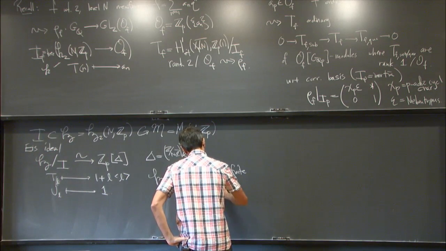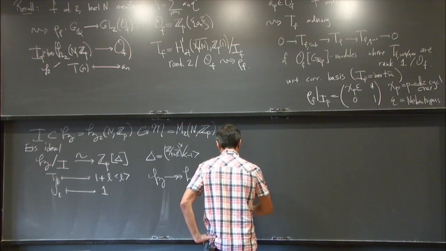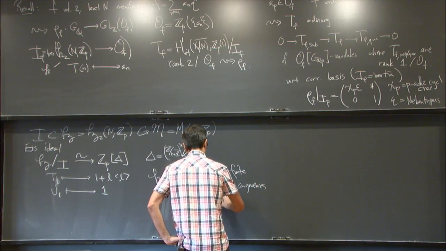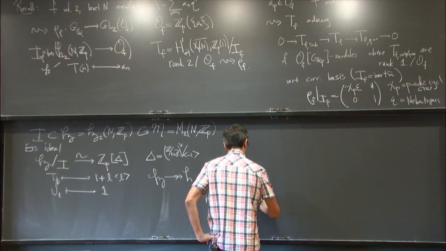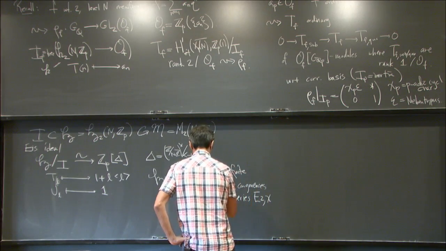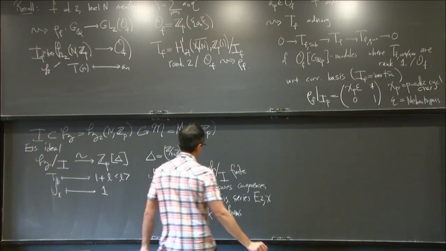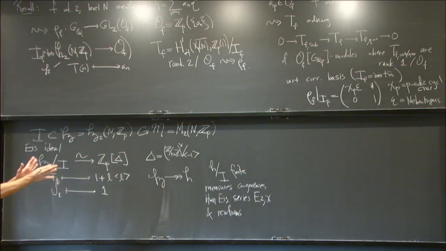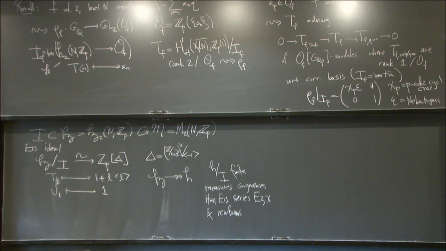It measures congruences between Eisenstein series of the form E_chi and newforms. Somehow, if we mod out by both I and I_F at the same time, we'll get something which measures the congruence between F and E_chi.